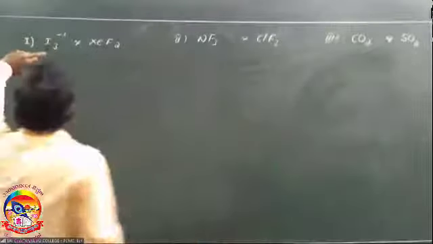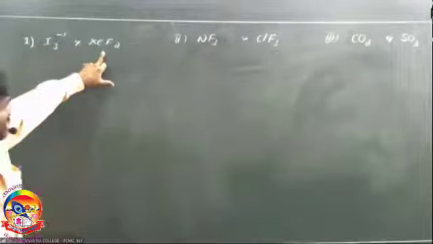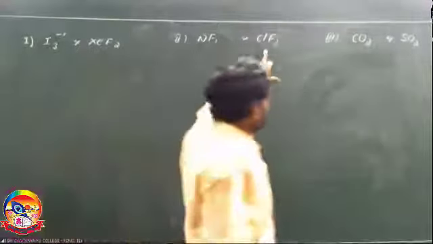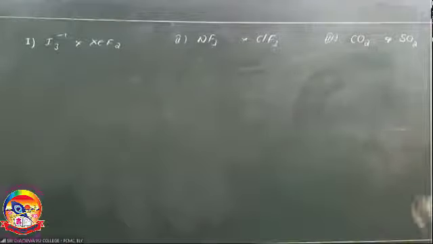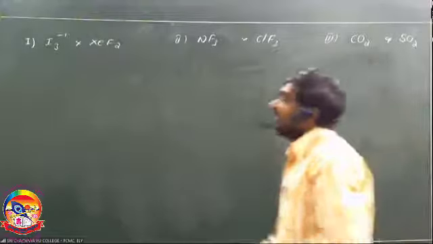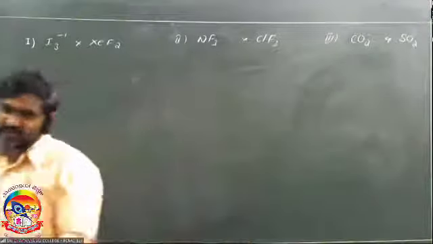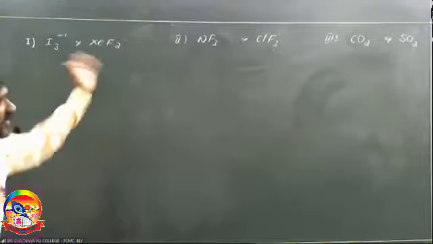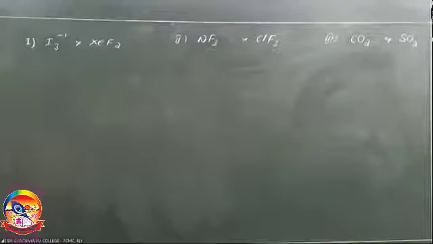Here 3 pairs are given. I3 minus and XeF2 is one pair, NF3 and ClF3 is the second pair, CO2 and SO2 is the third pair. Among these 3 pairs, identify the isostructural species. Isostructural means same geometry.